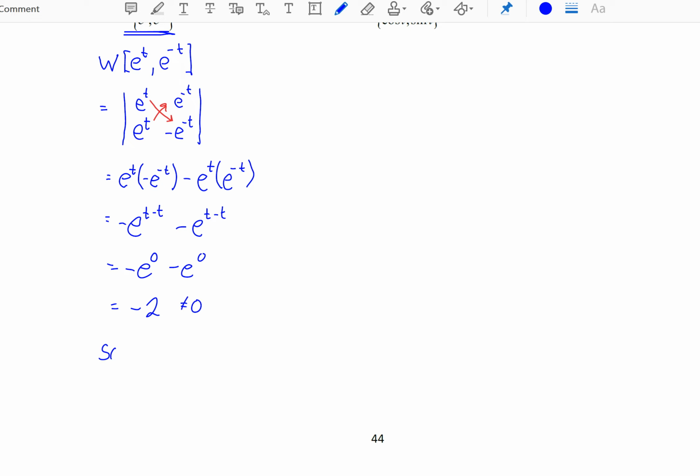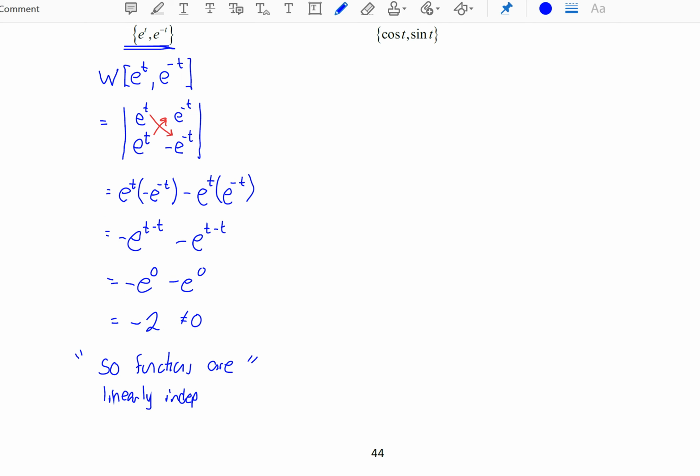So we could say the functions are linearly independent. Now, I said there are other ways we could have done this, but we were asked to use the Wronskian.